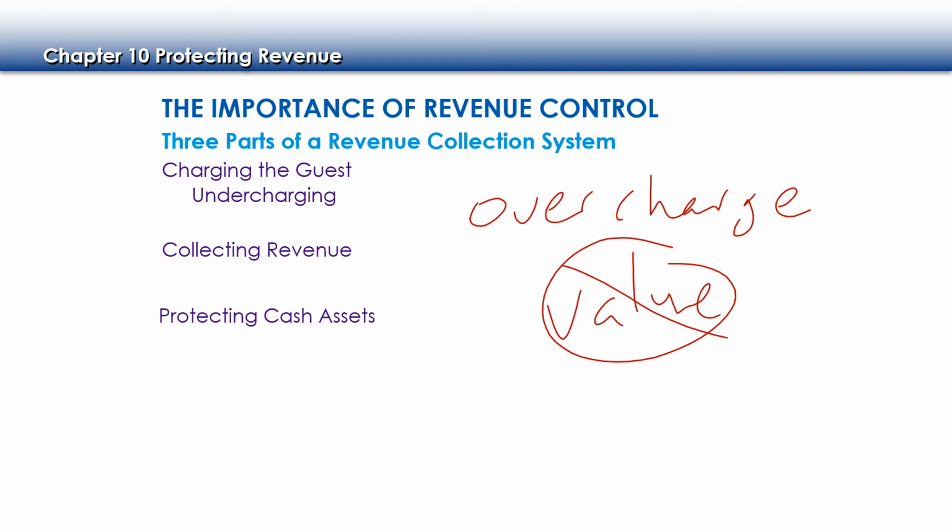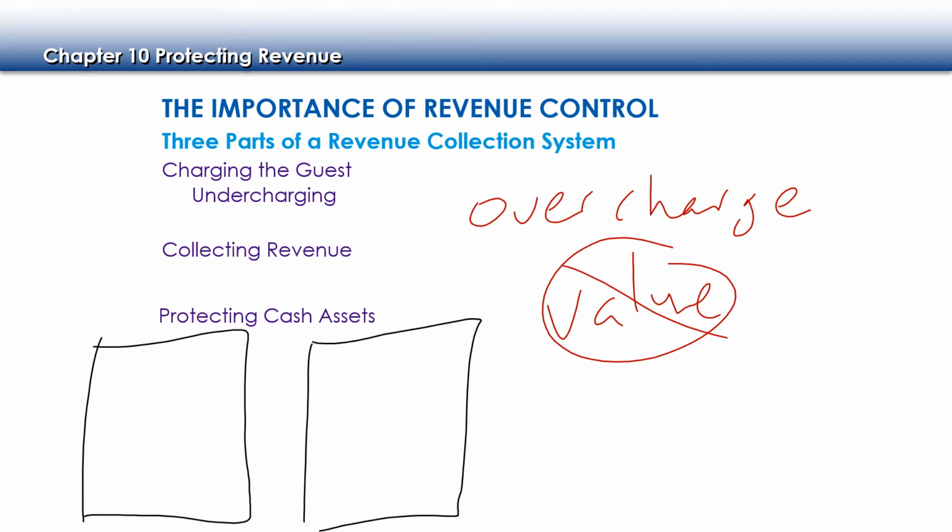From the restaurant's perspective, we want to make sure that we're not undercharging our guests. For example, when I was at Chester's Hamburgers, we would have two sides of our tickets, the front and the back.